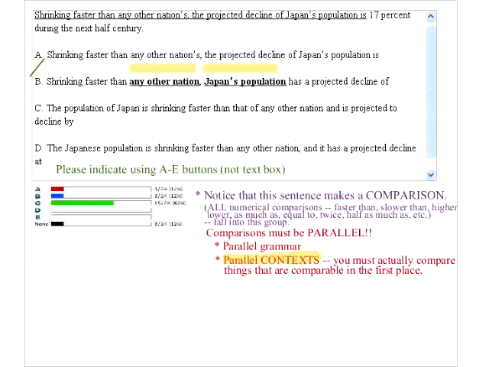Also, D has the same problem. D is comparing the Japanese population to any other country. Japanese population, any other nation. It's cute, it rhymes, but it's incorrect, because you can't compare a population to a country.